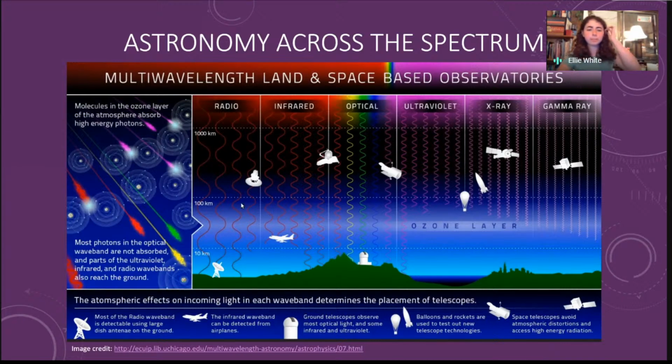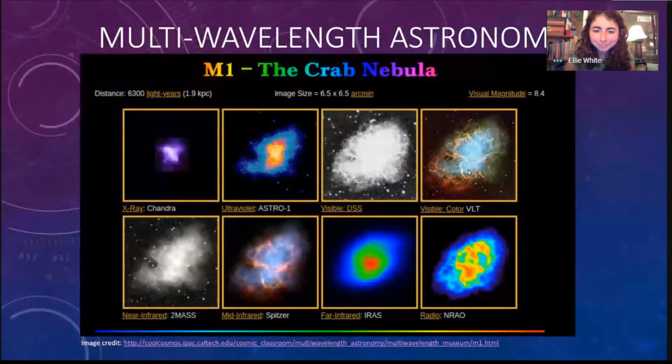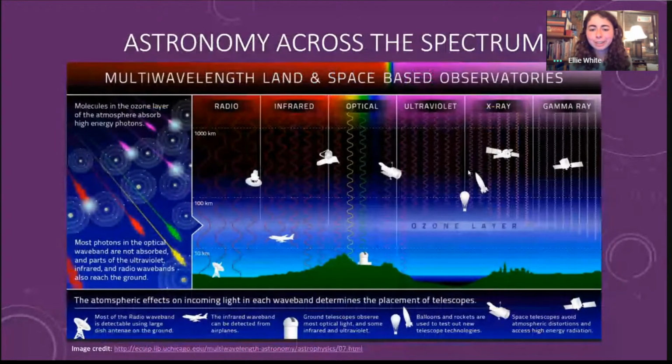So for example, you can see that the radio waves go all the way to the ground. That means that you can see radio waves easily from the ground. The atmosphere is transparent to radio waves. Whereas for the higher frequency end of radio waves and the lower frequency end of infrared, as well as pretty much all of ultraviolet, X-ray, and gamma ray, you have to go up either on a plane or a balloon or in a lot of cases into outer space to be able to do any observing.